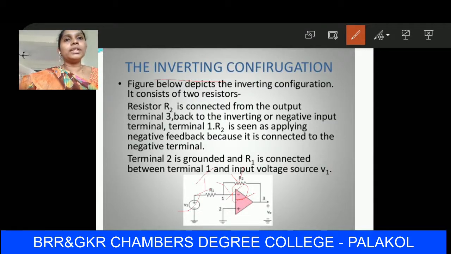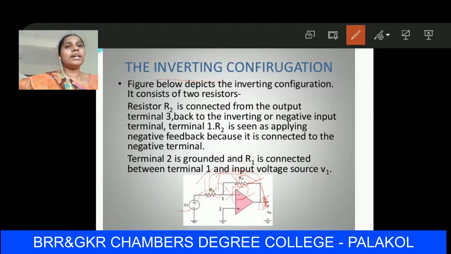Okay, so here the resistor R2 is connected from the output terminal, that is terminal 3, back to terminal number 1. That means whatever is at terminal number 3, that is the output, is fed back through this R2 resistor to terminal number 1.